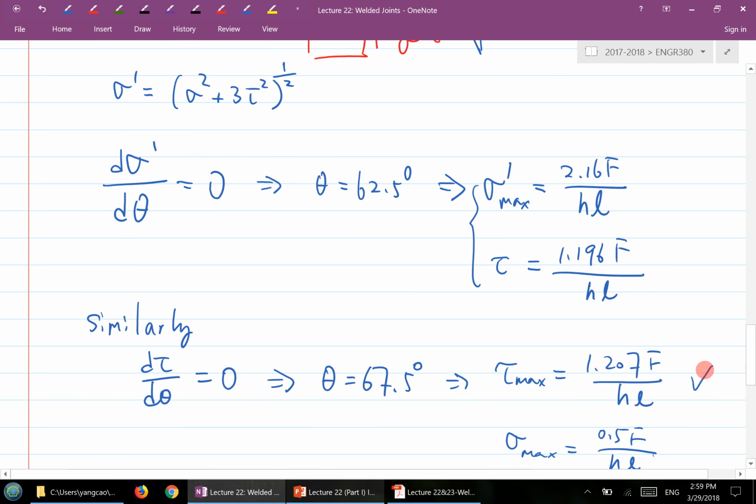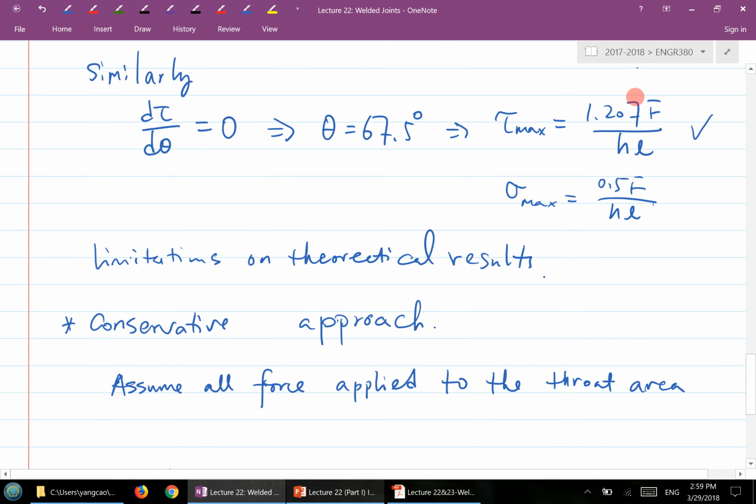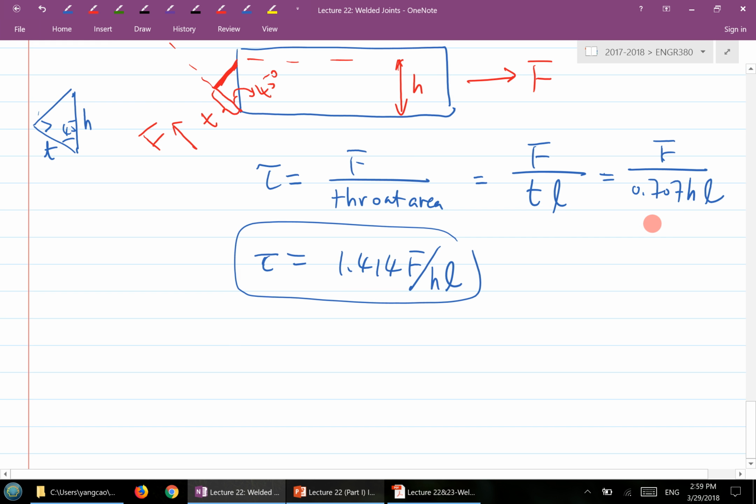And second of all, remember we also calculated the maximum von Mises stress at this angle. Now, if this is the stress condition, then this is a pure shear loading, and I can still calculate the von Mises stress, which is just √3 times tau.